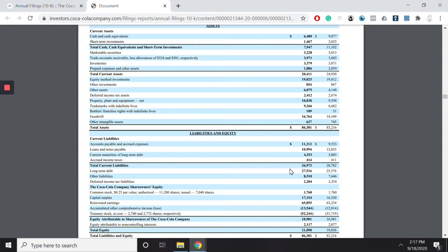And different sectors obviously have different debt levels that we're happy with. For example, if we're looking at a REIT or any sort of real estate business, the vast majority of their expansion will be done using debt, because that's just how the real estate business works.